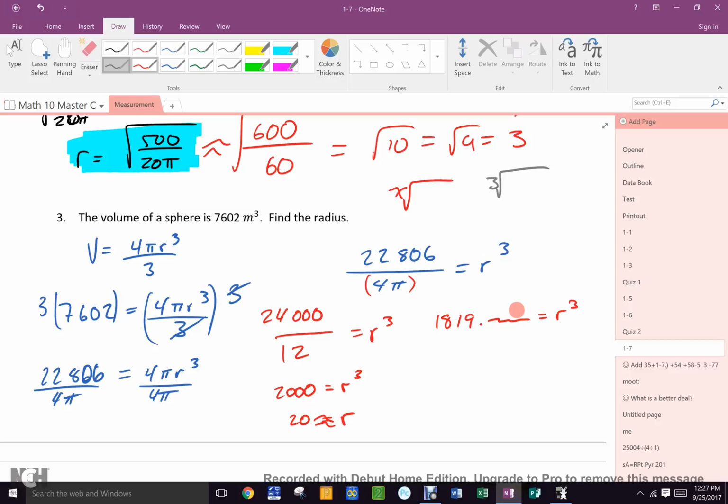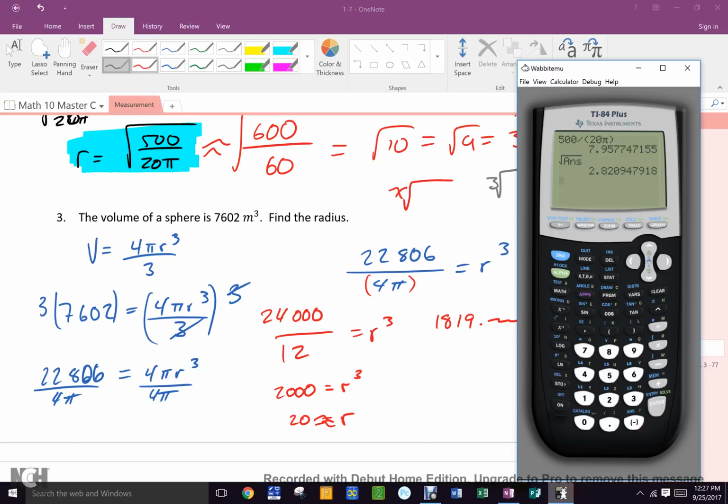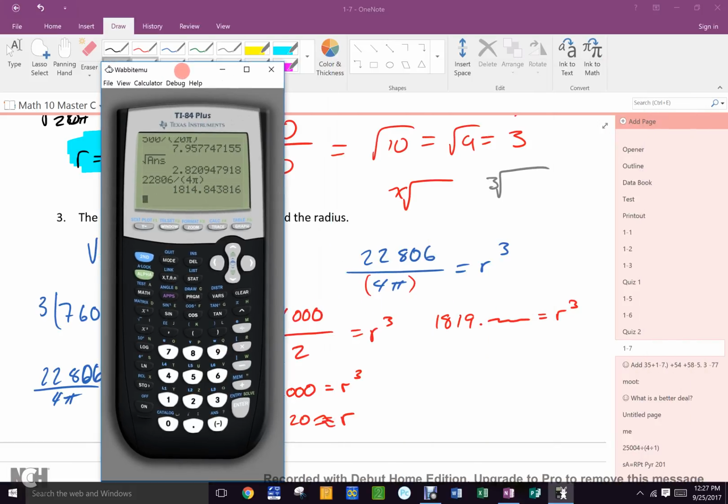Okay, now we come to a new problem. So I go to my calculator, 22,806 divided by bracket 4 pi. It's 1814. Sorry, guys. 1814.8 is 1815.